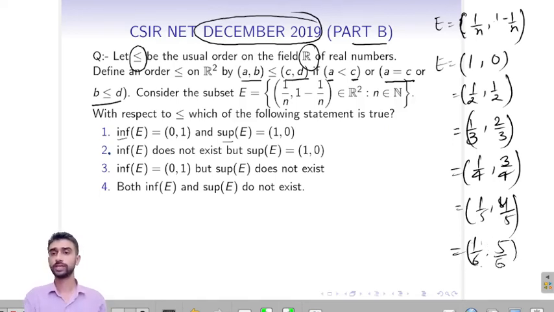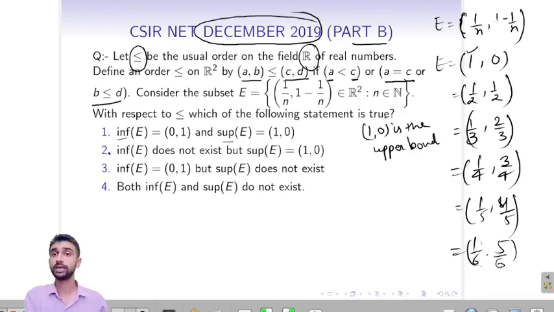Now, to compare two ordered pairs, first of all we have to compare the first element. You can see the first element of (1, 0) is always the highest. 1 is the greatest possible number, and the others keep reducing. So by this formula, (1, 0) is the upper bound, the highest possible element, and all the elements are less than or equal to this.